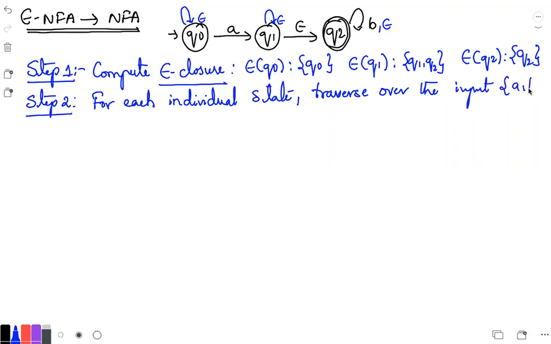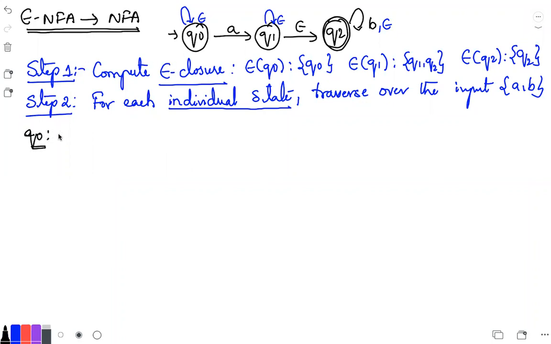A, B. Previously in DFA, for epsilon closures, we merged them as one state and traversed over the input. But here we take each individual state, the original states Q0, Q1, Q2, separately. If you merge the states and traverse, it will become a DFA. If you don't merge the states and go individually, it will become an NFA. That's it. Very simple.